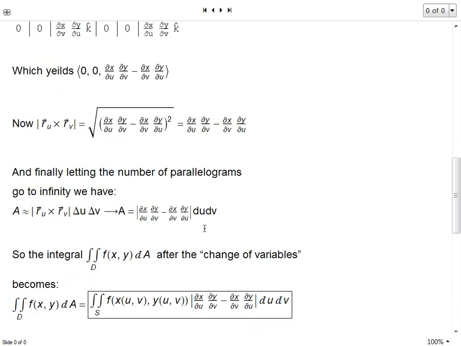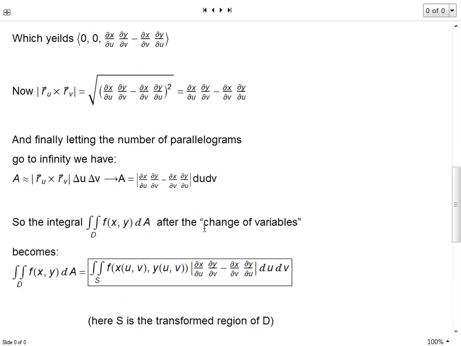Finally, letting the number of parallelograms go to infinity, what we do is we change this double integral, first switching the x and y's over to what they were, right? X is now a function of u and v, y is now a function of u and v, and then my dA switches over to this.